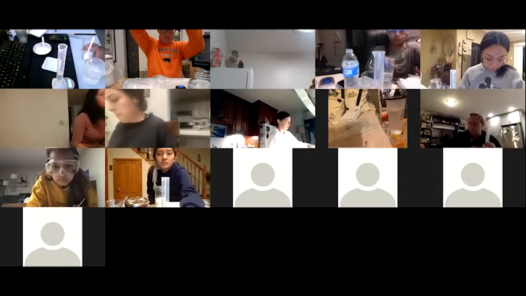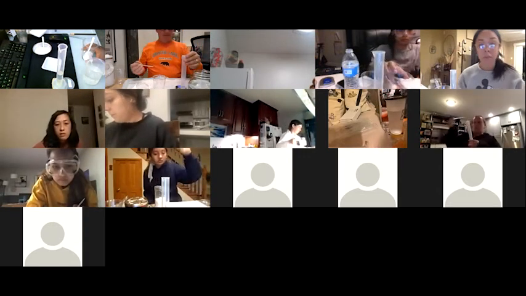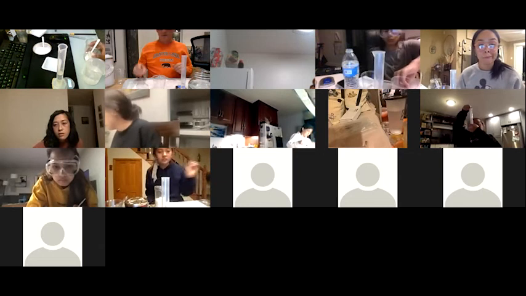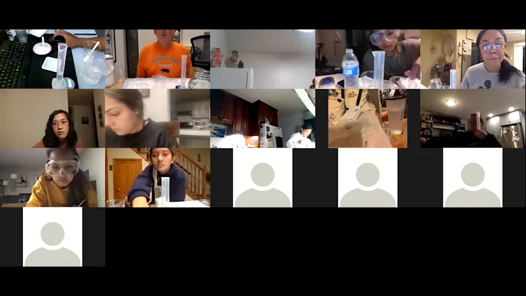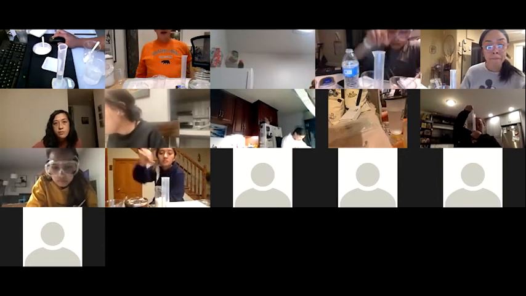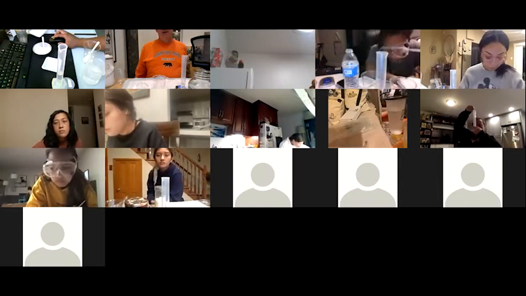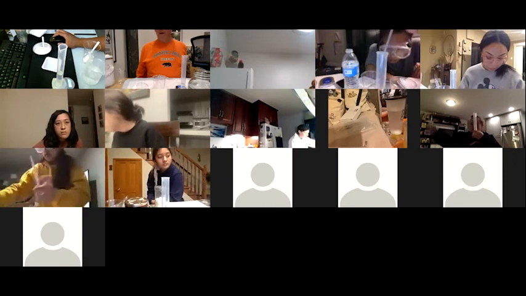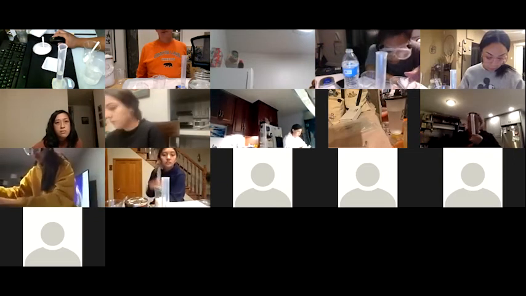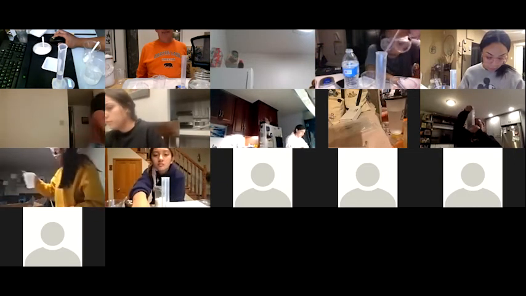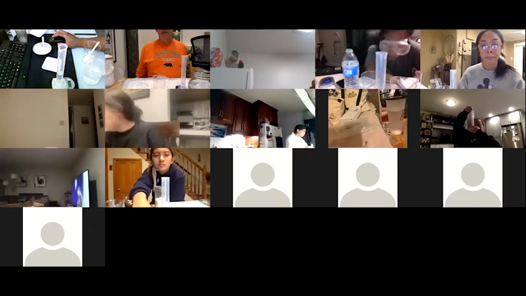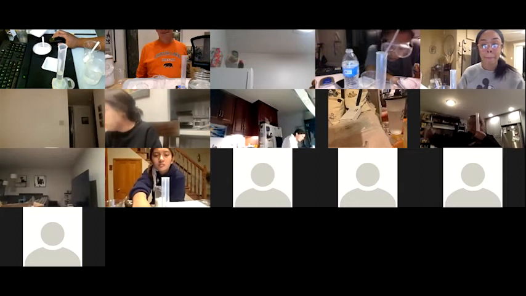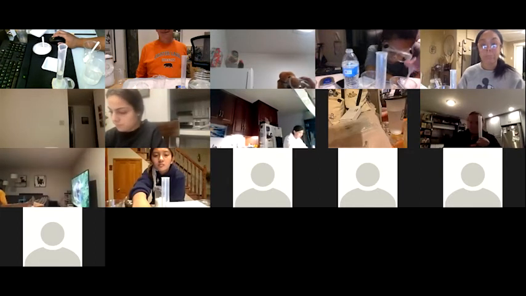Does brown sugar work too? No, brown sugar has molasses in it, so it's not pure sucrose. That's going to throw off your results a little bit. Have you been using brown sugar? It just says organic sugar and it looks brown.